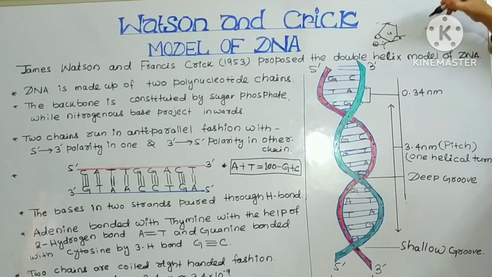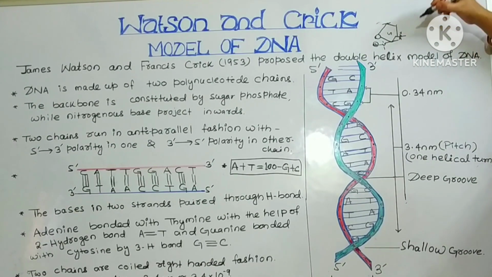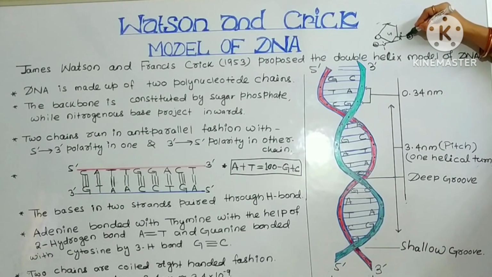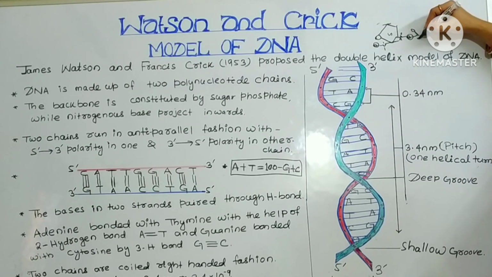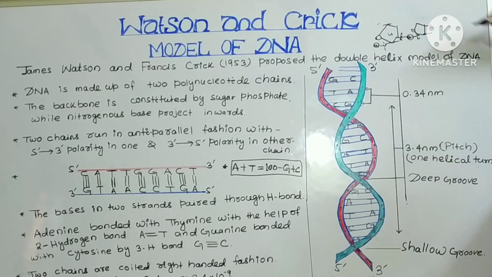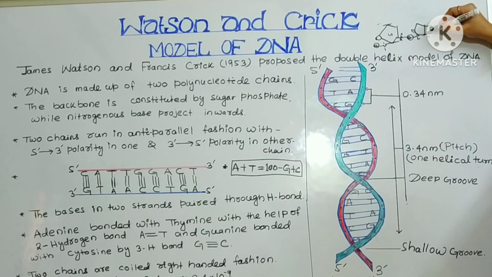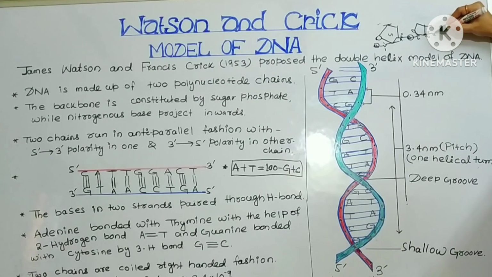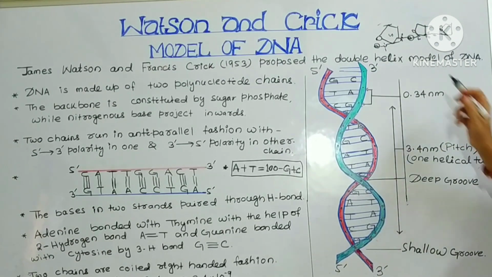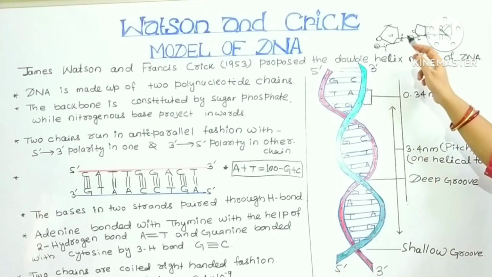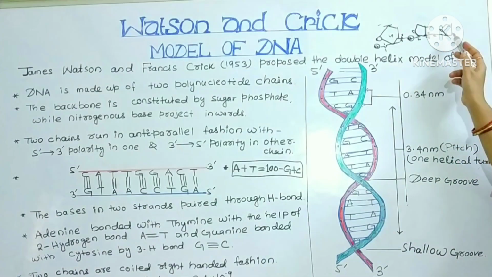Here an OH group is present, and here another phosphate is added to the 5' carbon of another sugar. Again here is the 3' end and a phosphate group, added to the 5' carbon of another sugar. So the backbone is formed by sugar and phosphate like this.